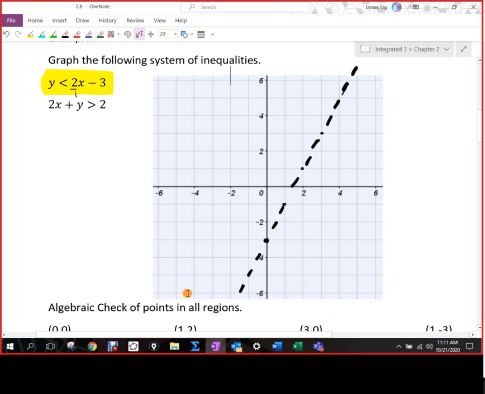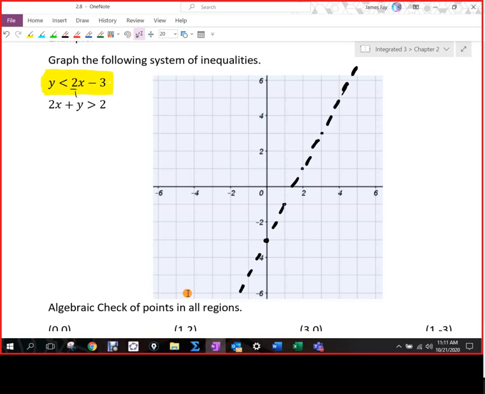Okay, so that is y less than 2x minus 3, almost. We still have one more component to do. When we graph linear inequalities, we also have to shade a part of our graph.